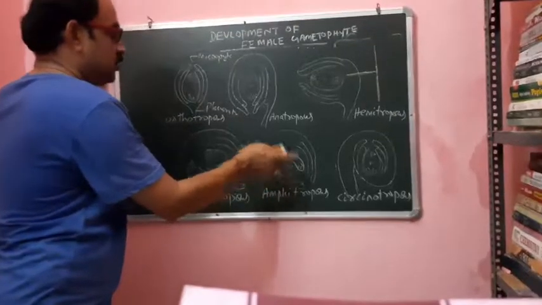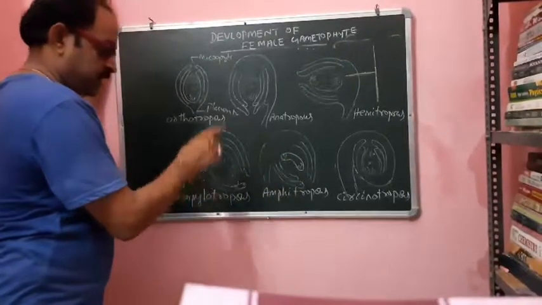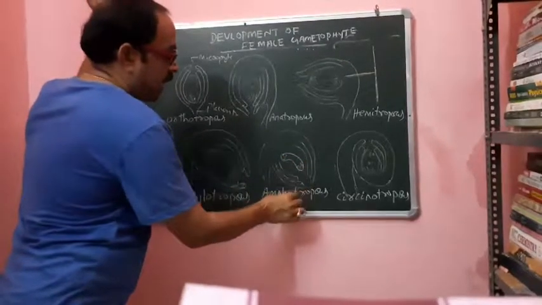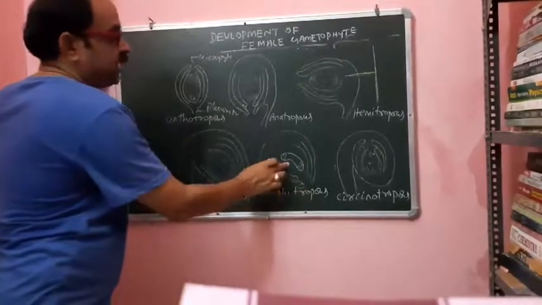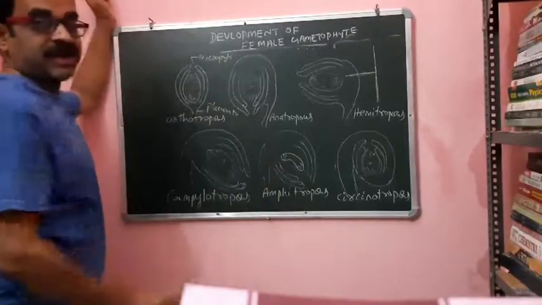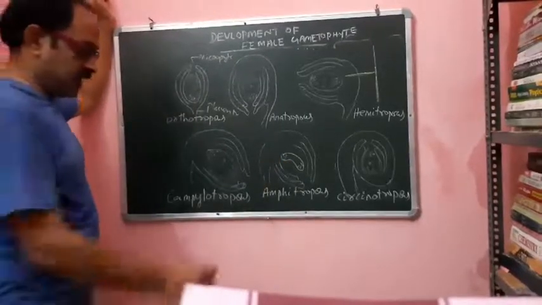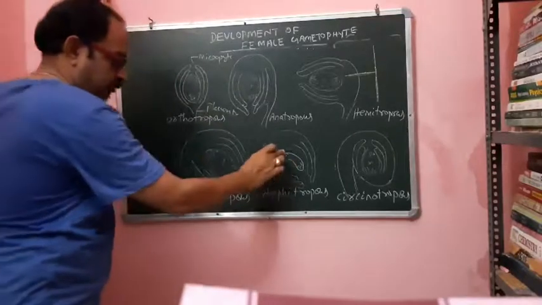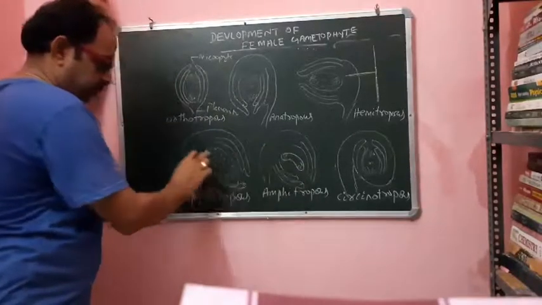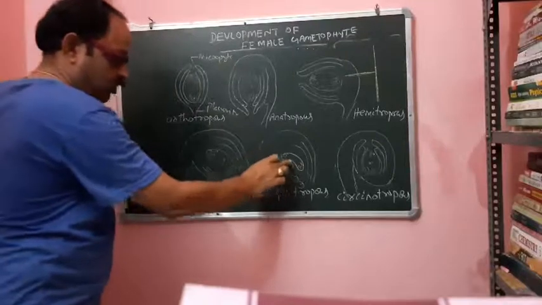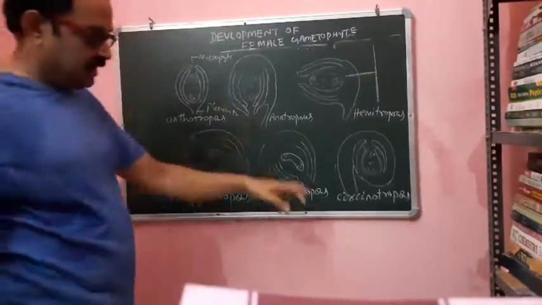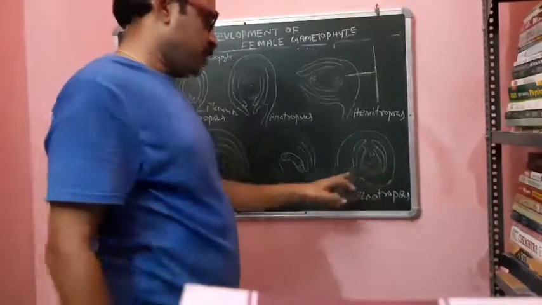This is just like campylotropous, but in amphitropous ovules the embryo sac bends into a horseshoe shape.